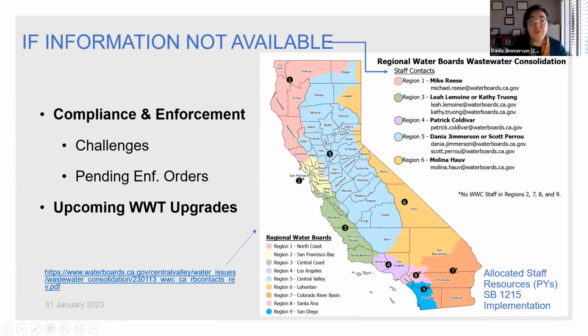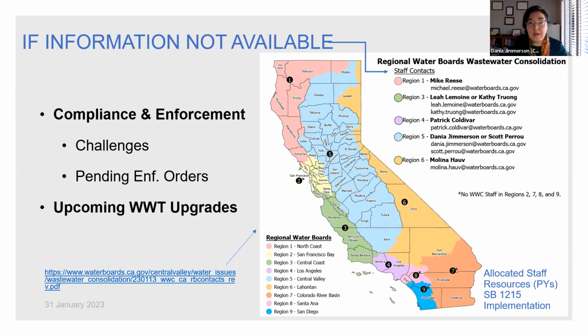So if the information is not available, what to do? The reason why the information might not be available in CIWQS is because, once again, staff resources are very limited. There are about 450 permits or more within just Region 5 alone for just waste discharge requirements.